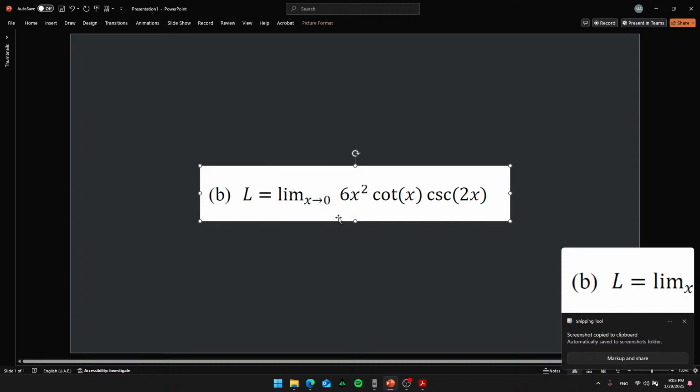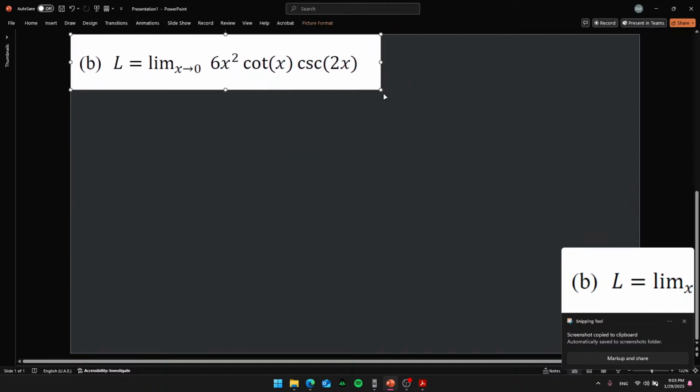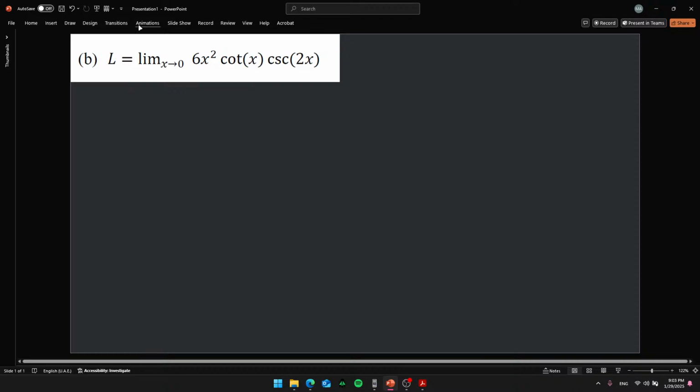Let's see this question. It looks interesting because it contains trig functions. Let's see. Limit as x approaches 0 of 6x squared cotan x cosecant 2x.